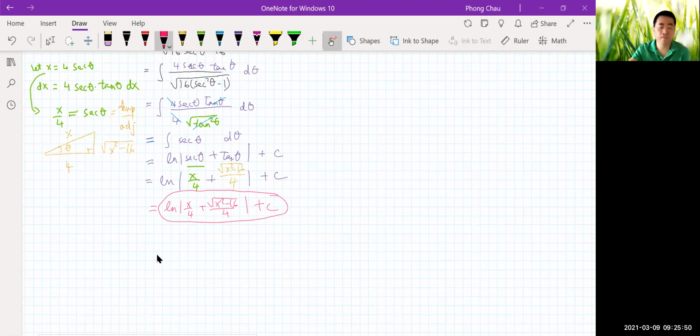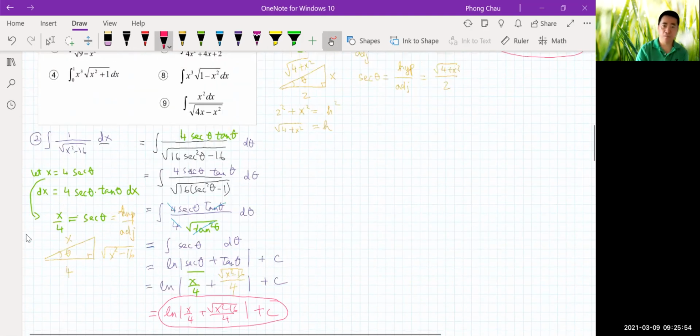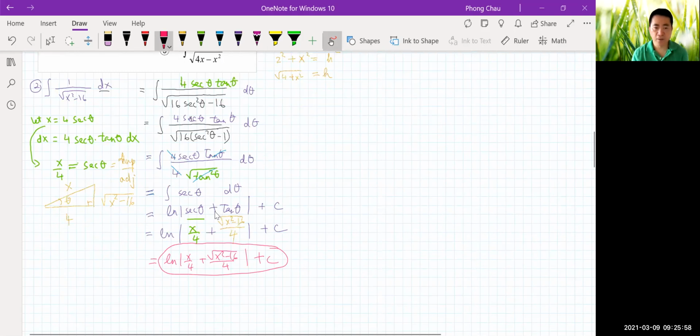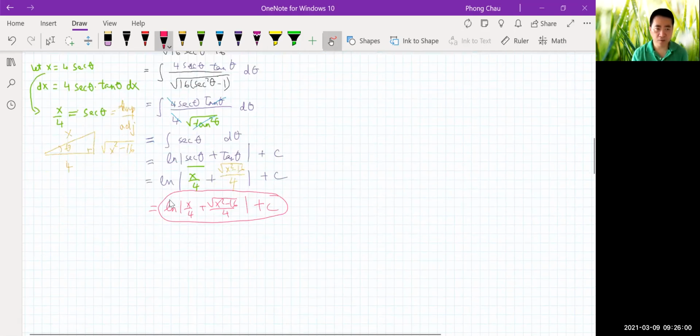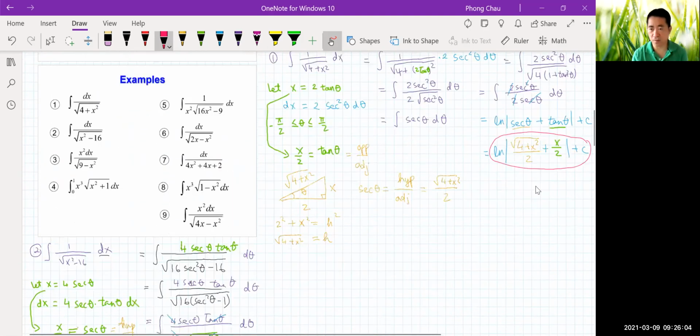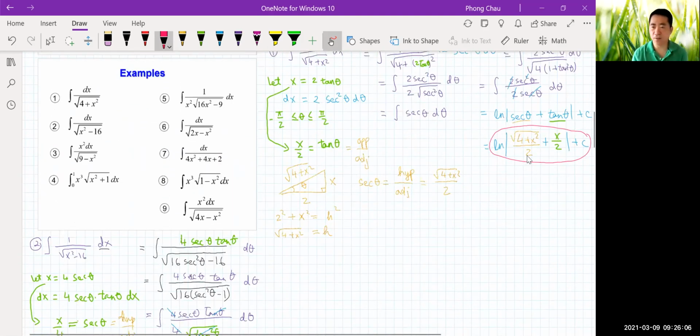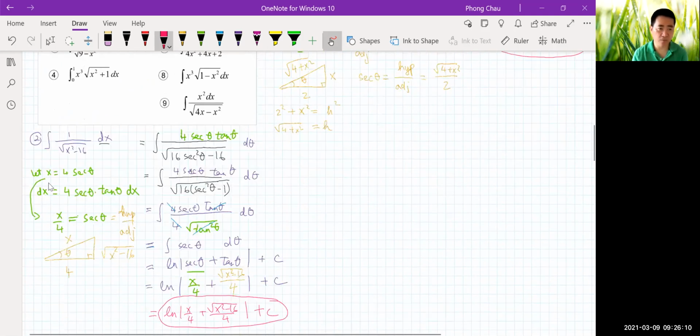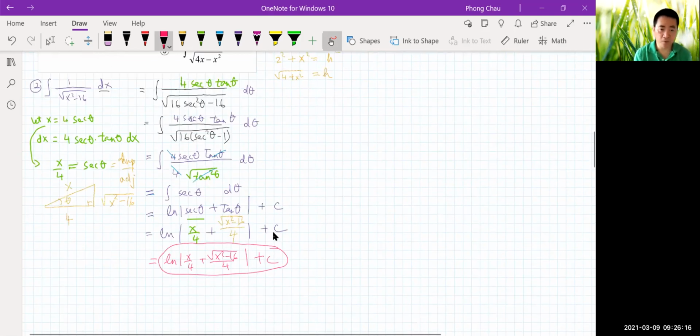Okay. Now, one thing you should observe carefully for these two problems. Notice your answer has 4, the same denominator. I think the other is 2. And these 2 come from the 2 at the beginning, and that 4 also comes from the 4 at the beginning. Right? So that's information here for you to check.